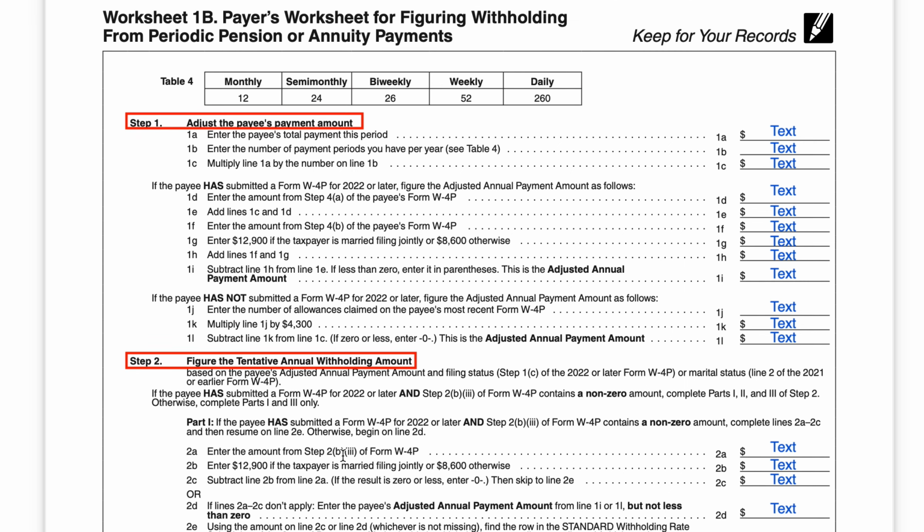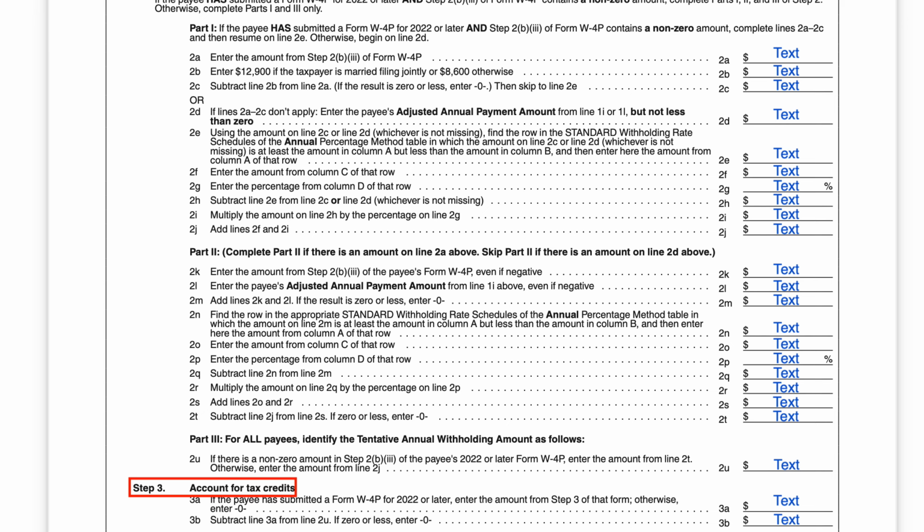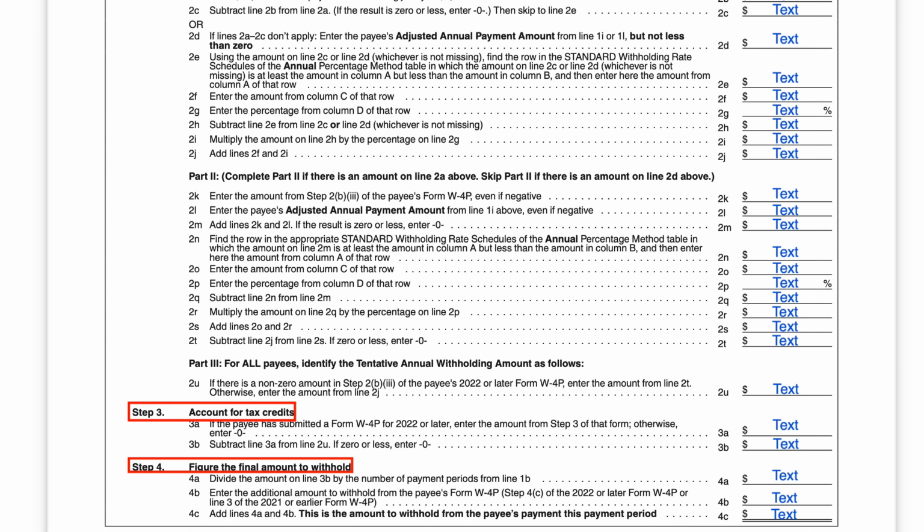So this is worksheet 1B, the payer's worksheet for figuring withholding from periodic pension or annuity payments. And as I outlined, step 1, step 2, step 3, and then step 4 below is figuring the final amount to withhold right there.